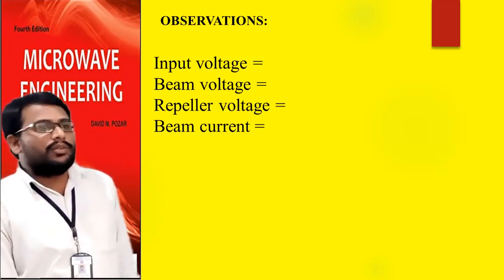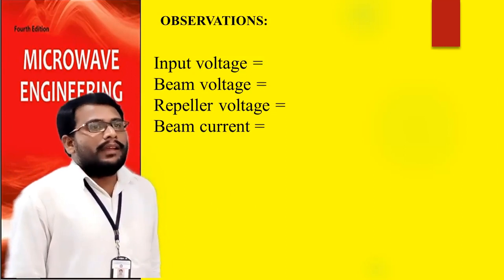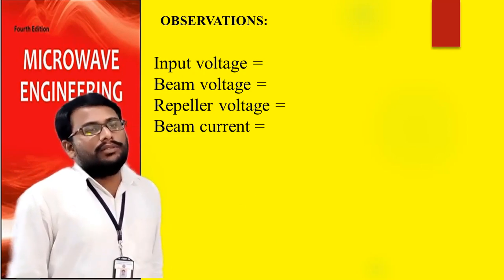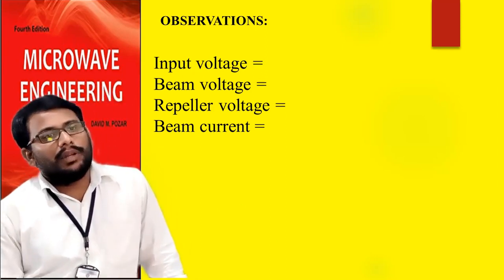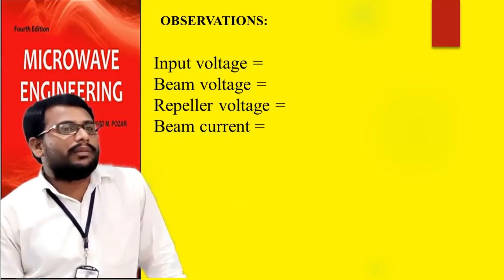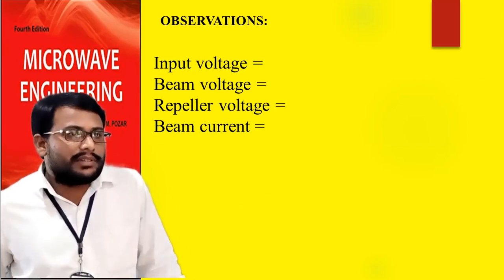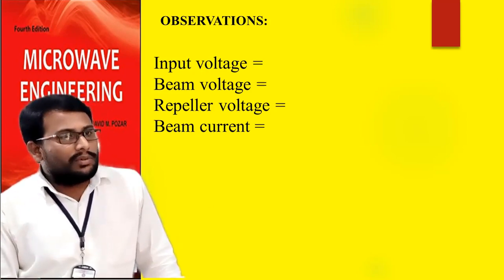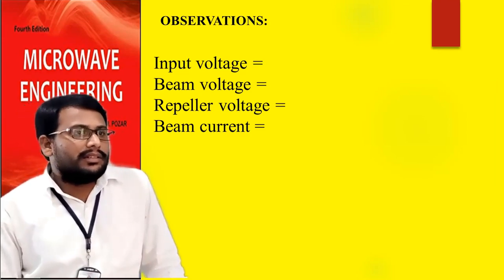In the laboratory, particularly, how to find out the input voltage? By using CRO, we can find this in terms of voltage only. Then beam voltage: this is the voltage you apply by using the gun bias knob, and that value should be between 230 and 240. And reflector voltage: by rotating the reflector knob on the klystron power supply in the anti-clockwise direction, you have to fix the maximum signal strength which appears on the CRO screen. Always maintain the maximum signal strength.